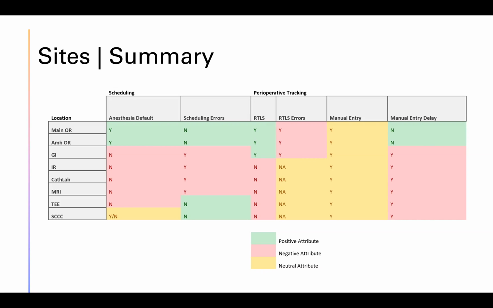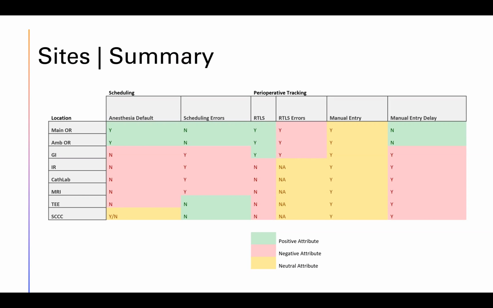Scheduling errors are usually not seen with the main OR and ambulatory, because the default exists. And then, like I said, TEE, they do maybe between 1 to 4 cases a day, and we don't see many of those errors. But the other locations, we do see them.